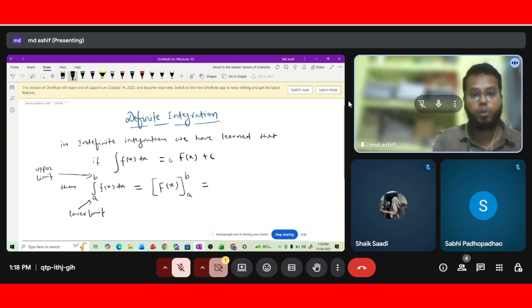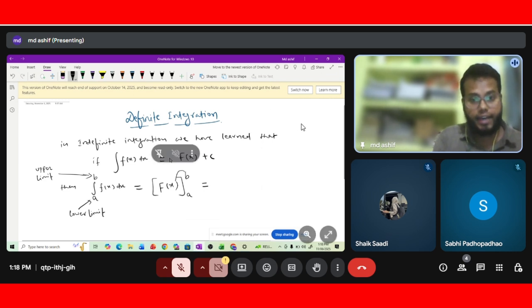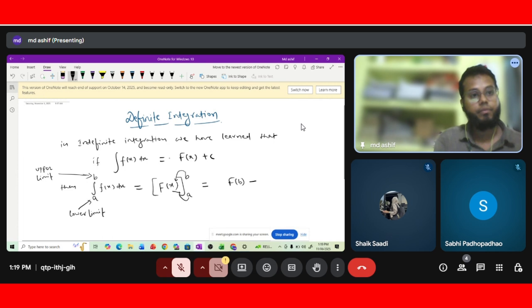So how will we put it? First put b here, so F of b, then minus sign, then put a here. So it will become F of a. Okay.